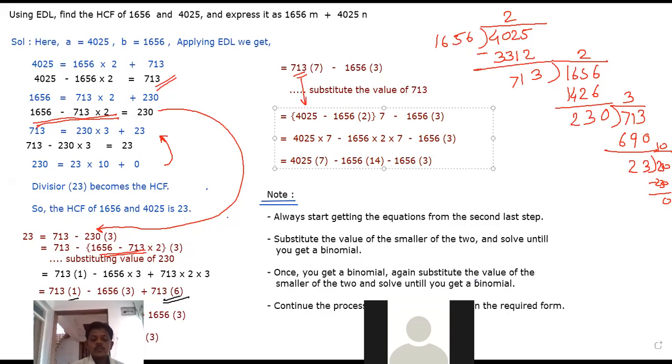Yes or no? Here 713 was common, so we took out 713 as common. Here who is common? 1656. So we are going to take 1656 common.